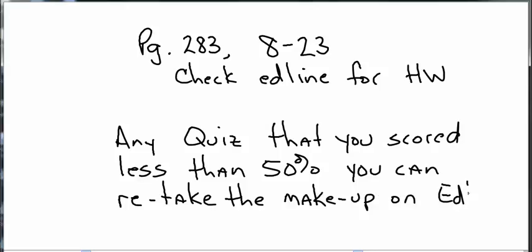Clear? So you took a quiz in class, you got less than 50% on it, you can retake it. I'm going to average the 2 scores together. Any questions? So it's just under quizzes.